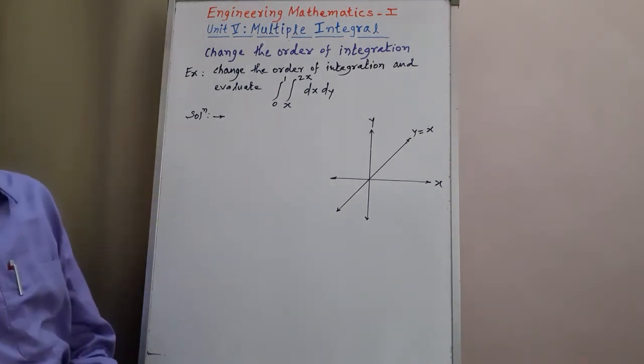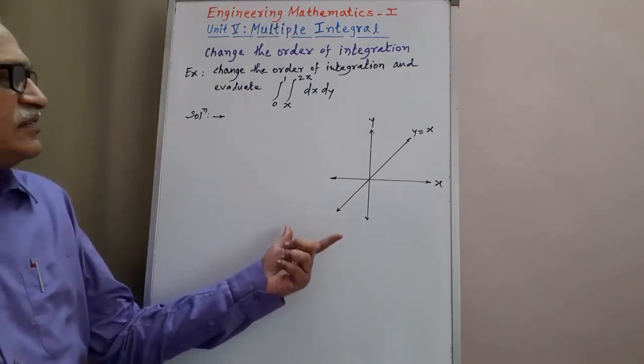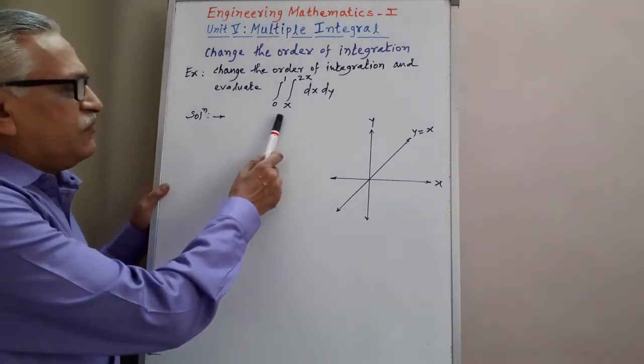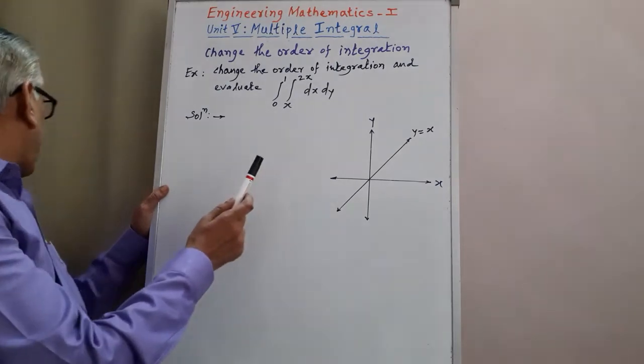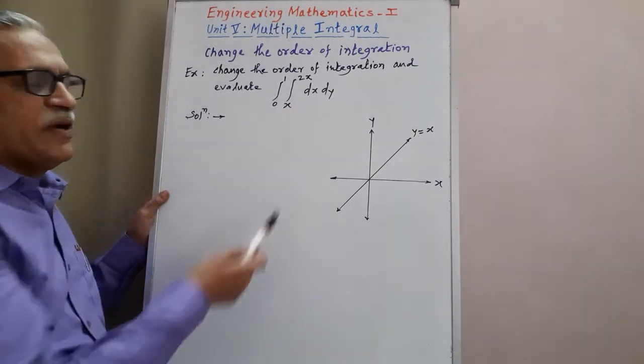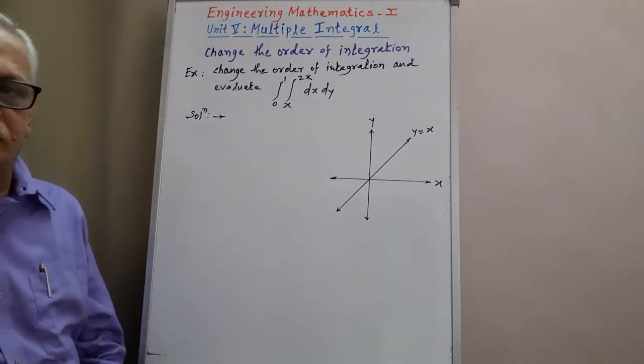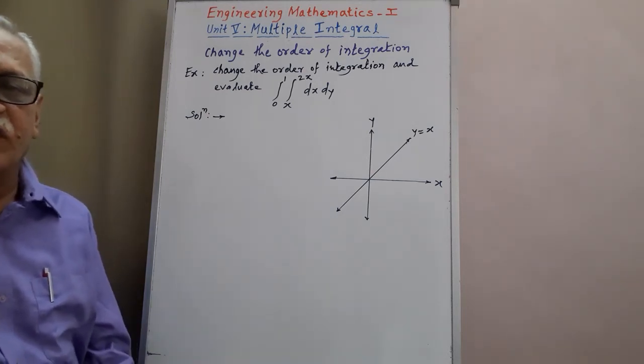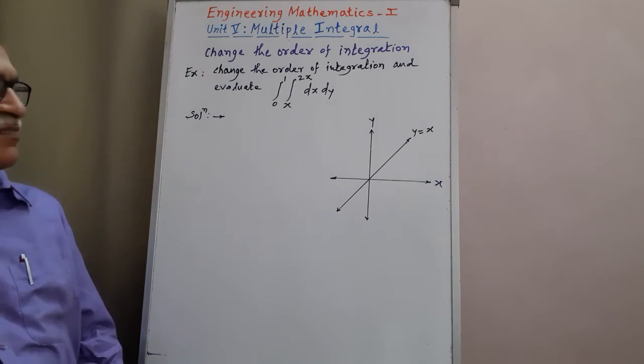The concept of change the order of integration is that with the help of these limits, we try to obtain the region of integration, and in that region of integration, we show the elementary strip.